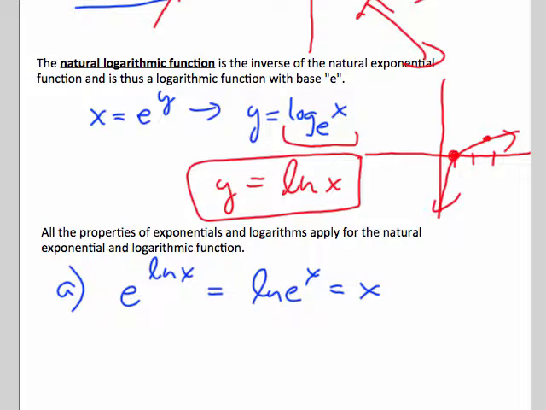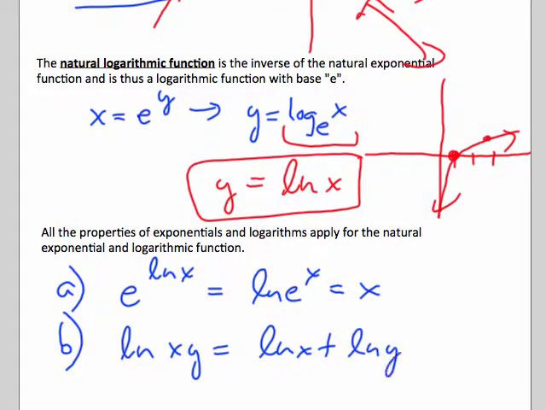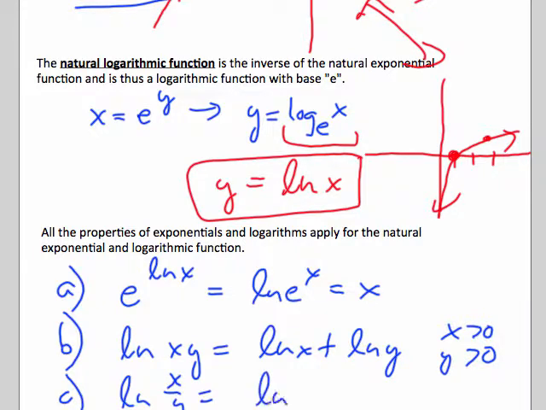And all of the other properties of logs that apply for common logs or other base logs apply for ln. So for example, ln of xy is ln x plus ln y. Remember that x and y are both positive because you can't log negatives. What other properties are there? ln of x over y is ln x minus ln y.